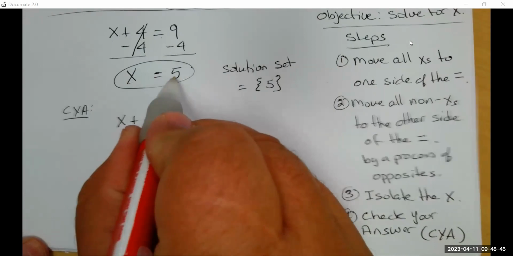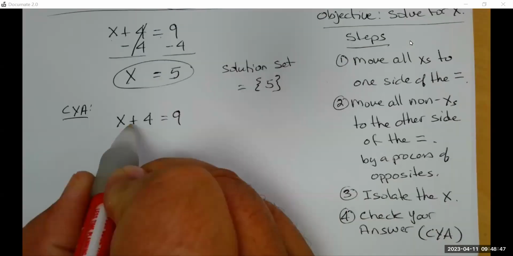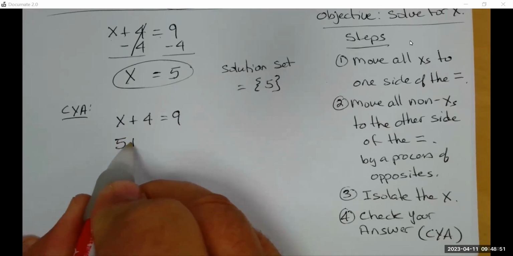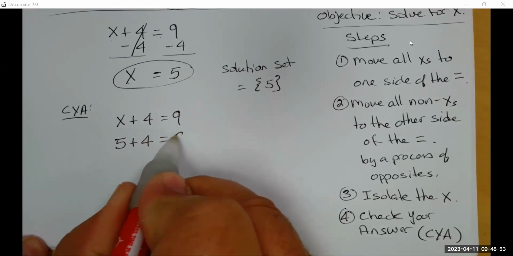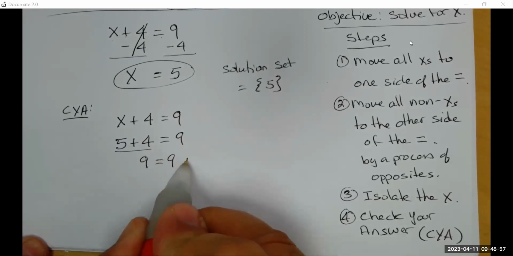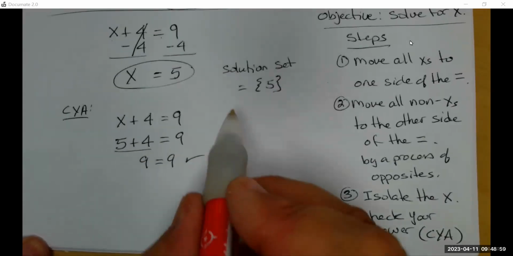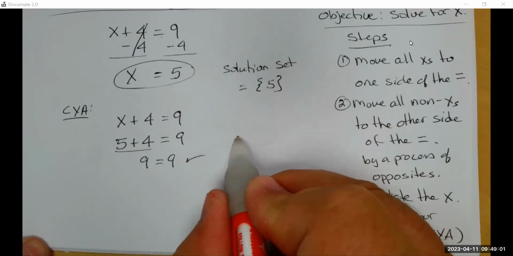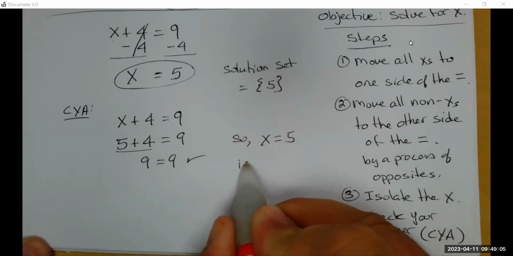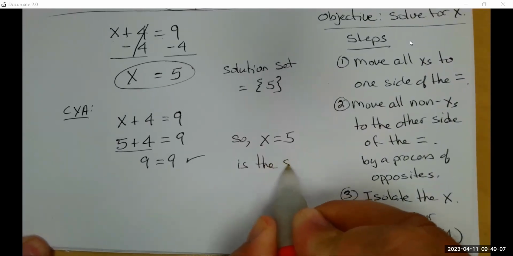So we're saying that x equals 5. Anywhere we see an x in this equation, we put 5 in its place. 5 plus 4 is 9. 9 equals 9. So that tells us x equals 5 is the solution.